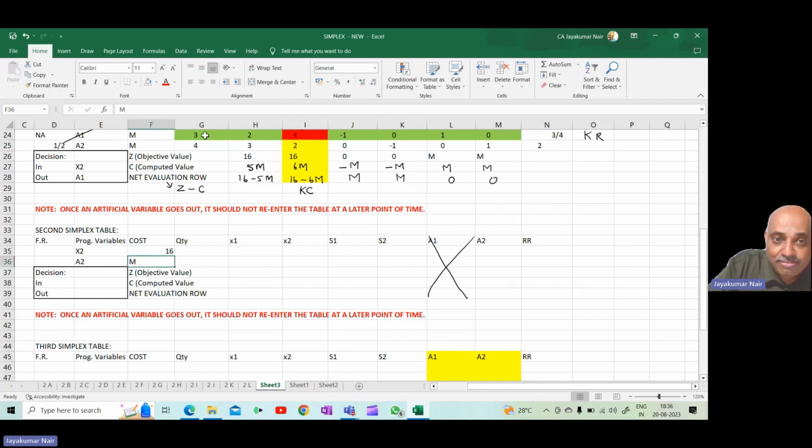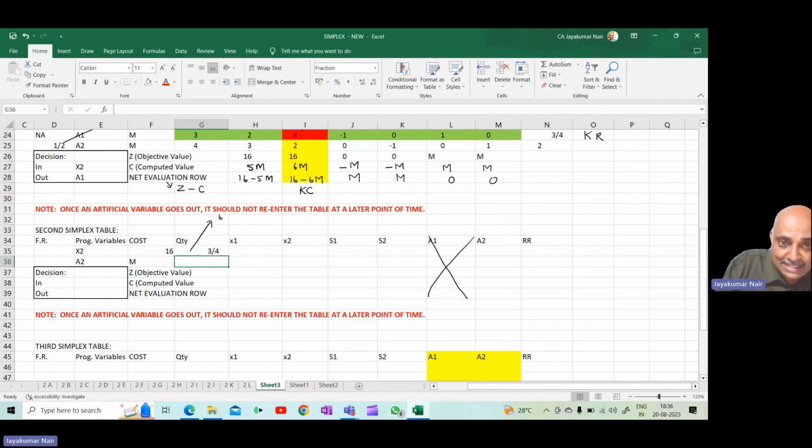And how do I fill in the program variable? The first row, that is the key row elements. How do I calculate? Go to the previous table, take the existing value, divide this by the pivot element, which is 4. So I repeat, how did I get this?